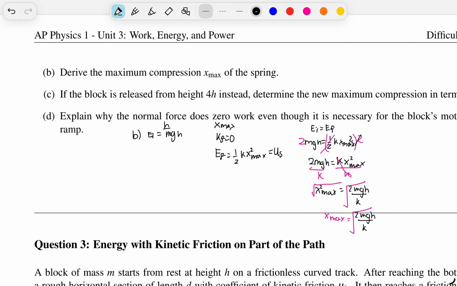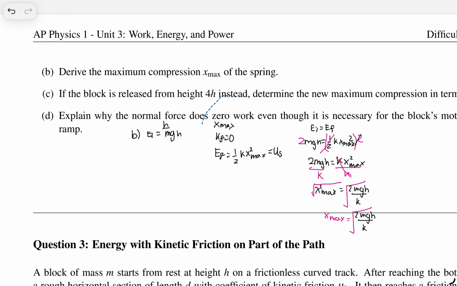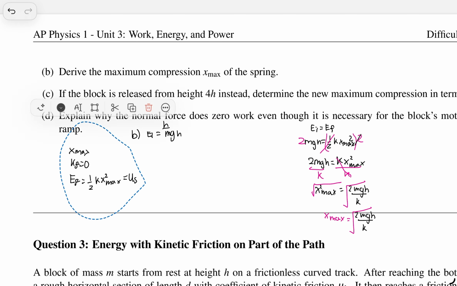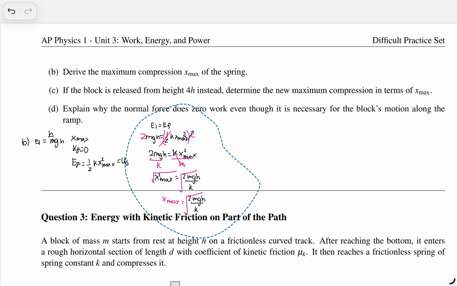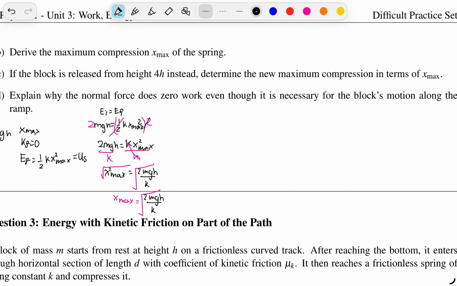Now for our next part, we are asked, if the block is released from a height of 4h instead, determine the new maximum compression in terms of X max. So for part C, we're adjusting our height. We go from h to 4h. Our new X max has the exact same equation, 2mg, except we now have 4h instead of h, divided by k.